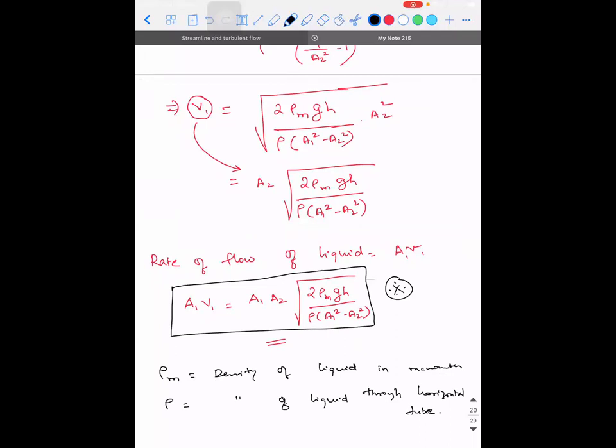So they are the same liquid, sir? No, they are not the same liquid. That's what I'm saying. Manometer, it's a different liquid. Horizontal tube, it's a different liquid. That's why the densities are different. Same liquid cannot have different densities, no?